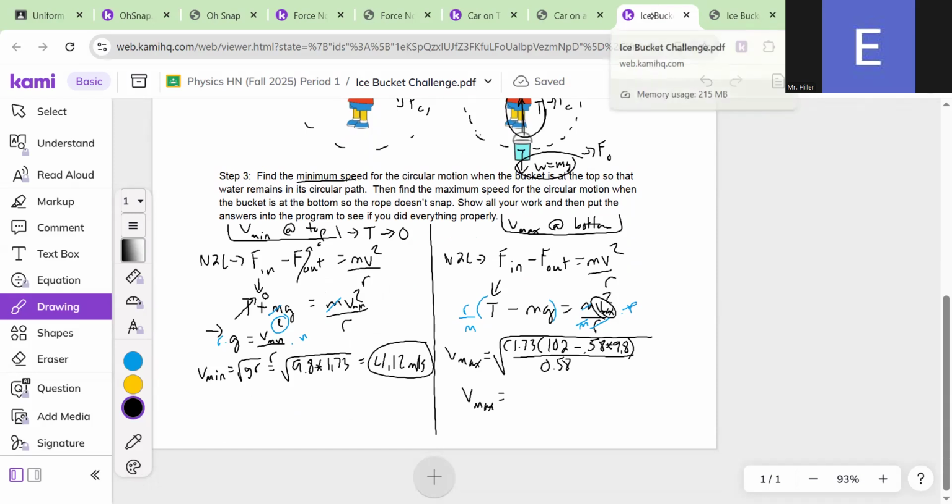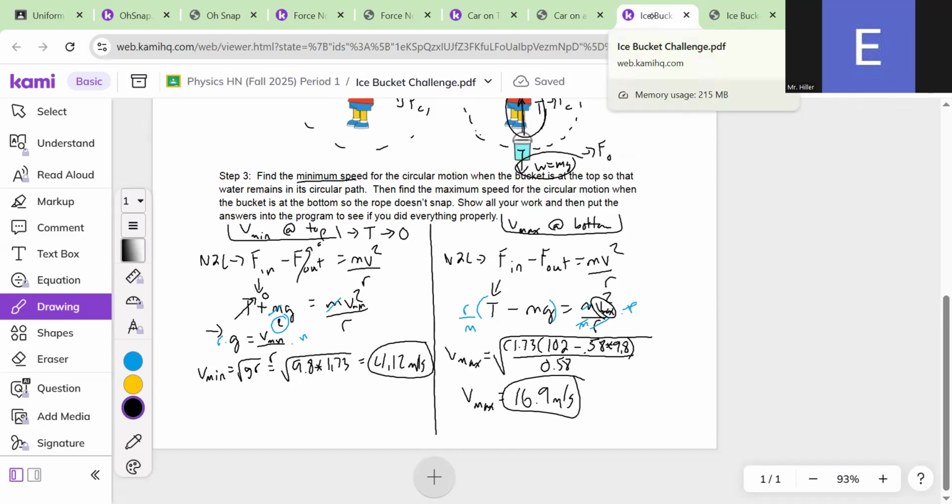I'll go ahead and calculate mine. I'm getting about 16.9 meters per second for that one.